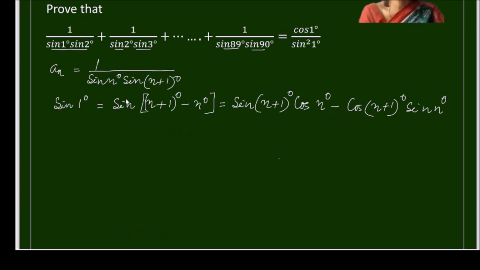So here we are getting these values in terms of the denominator. So observing this, what we will do, we will multiply sine 1 degree both in the numerator and denominator. Sine 1 over sine 1 degree upon sine n degree into sine n plus 1 degree.